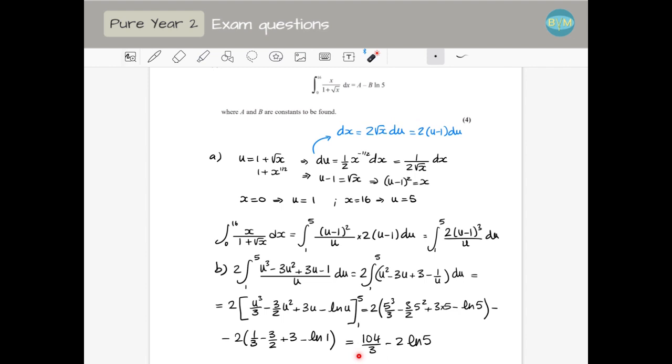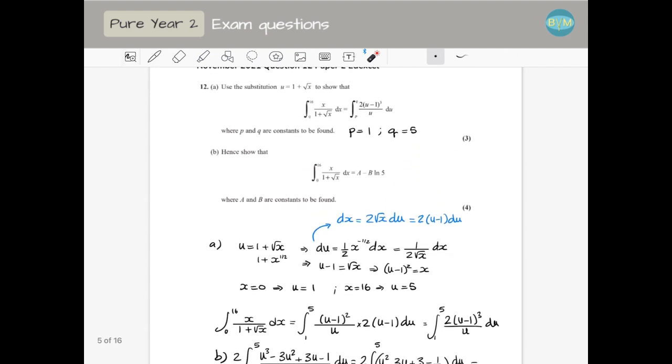So A is going to be 104 divided by 3 and B is going to be 2. I can write that just in case. A is 104 divided by 3 and B is 2. And positive 2 because here I have a minus and here I have a minus. And that's all with this question.